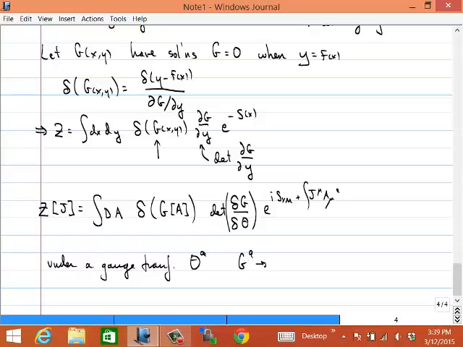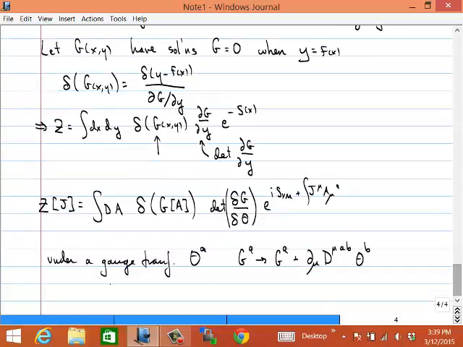Well, g was the divergence of A plus some function that was independent of theta. So g goes to g plus D_mu^{ab} theta^b. That just is the statement that A transforms by the covariant derivative in the adjoint representation.